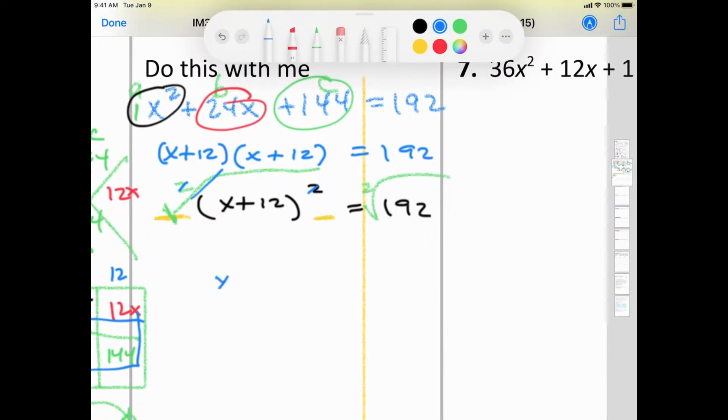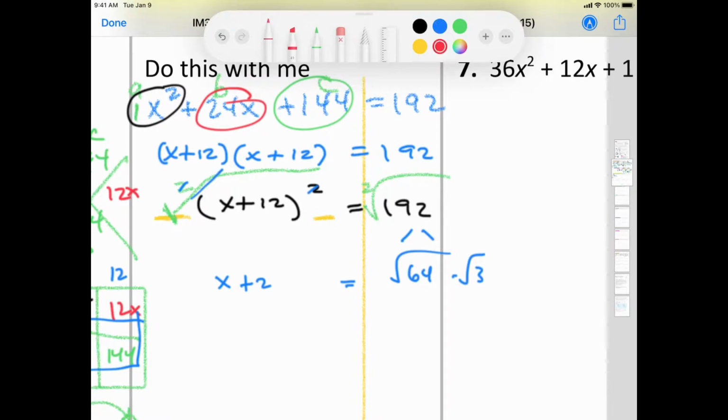So you're left with x plus 12 equals the square root of 192, which is 64 times 3. 192 breaks down to 64 times 3.